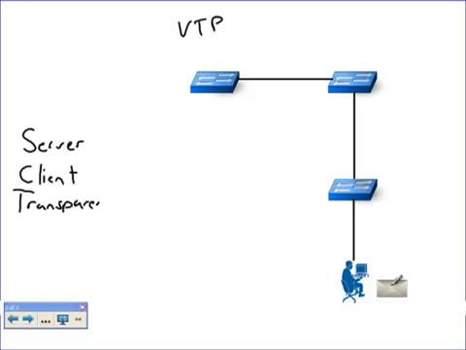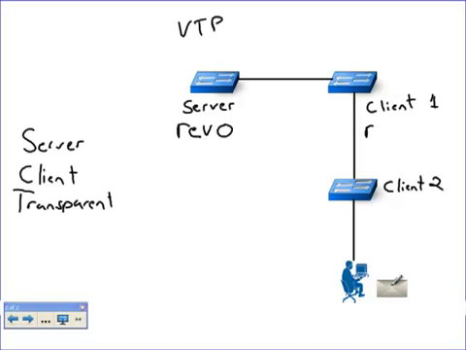Now in our topology, I'm going to have our server switch and I'm going to have two client switches for now, client 1 and client 2. Now in this topology, in VTP, everything is governed by the revision number, and this is a new topology, so currently all of our devices are on revision 0. So we're all on revision 0.